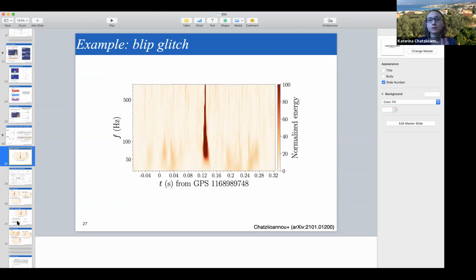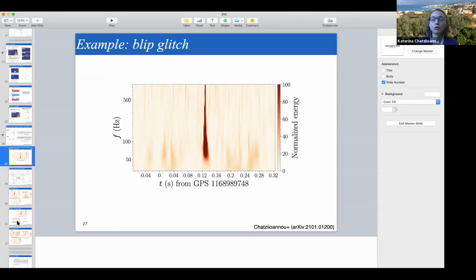Blip glitches are kind of symmetric, but short duration. So they look like a very heavy binary black hole. This is why blip glitches are, in quotes, very popular. They're being studied a lot because they are problematic. So maybe the selection effect here is that this thing looks like a gravitational wave signal, like a very heavy gravitational wave signal.